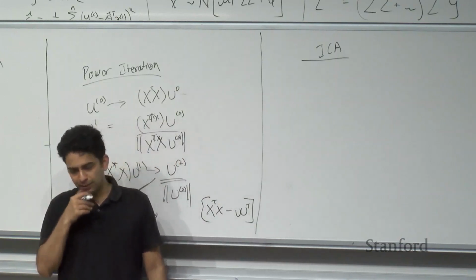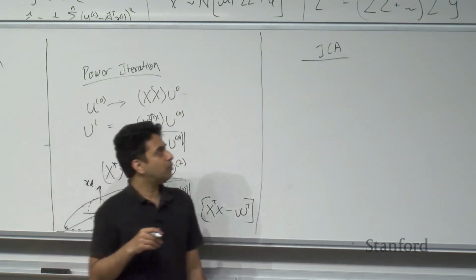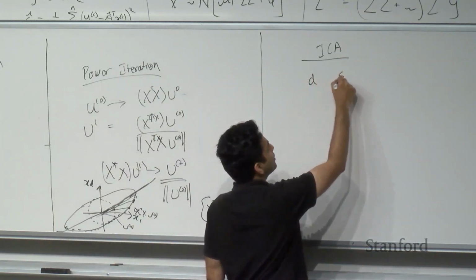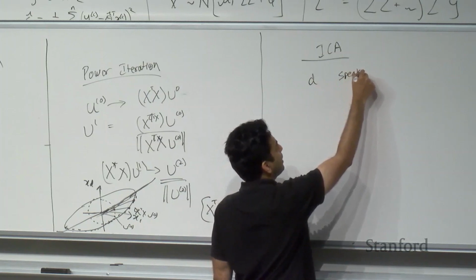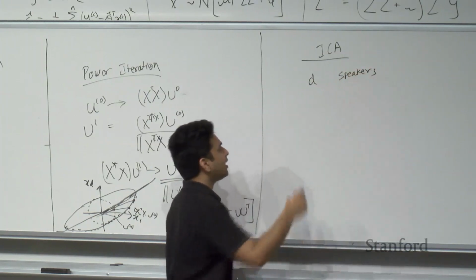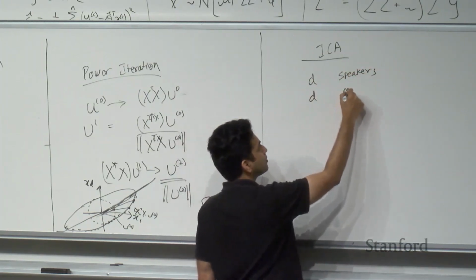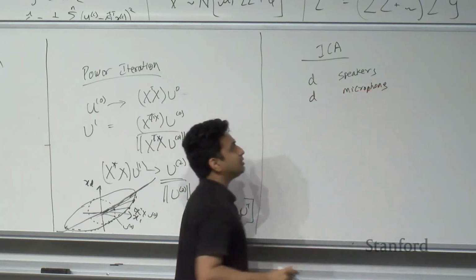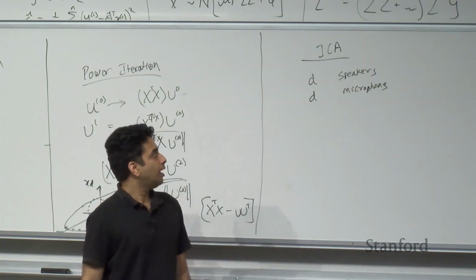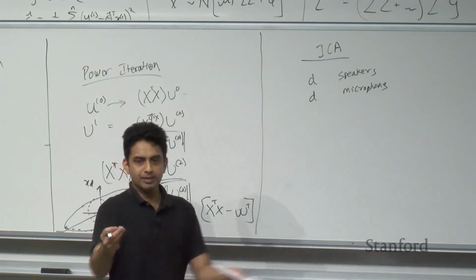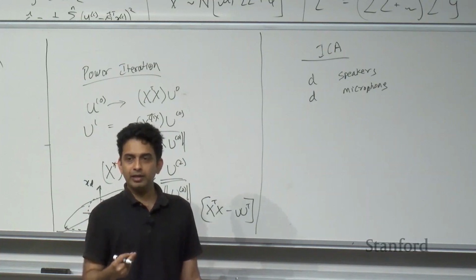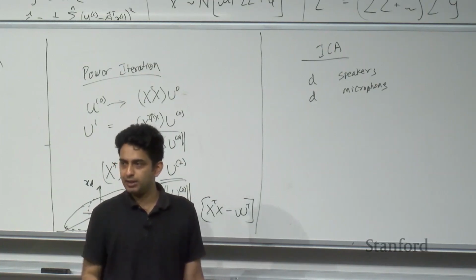In the cocktail party problem, assume there are D speakers, people who are speaking, and there are D microphones. The D microphones are placed at different distances, and they are recording the D speakers simultaneously.